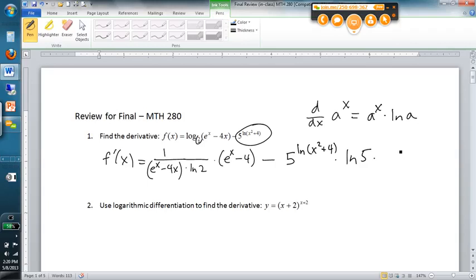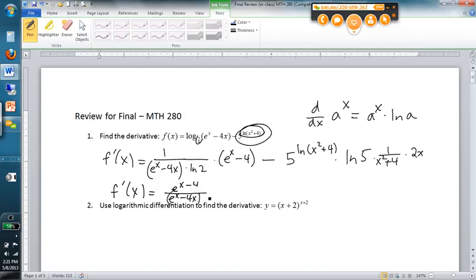Well, the derivative of the inside, the power, well, I've got ln, so the derivative of it would be 1 over x squared plus 4. What else? The derivative of the inside, which is 2x. Okay. I guess we could clean it up, we could combine things. Does that look good?